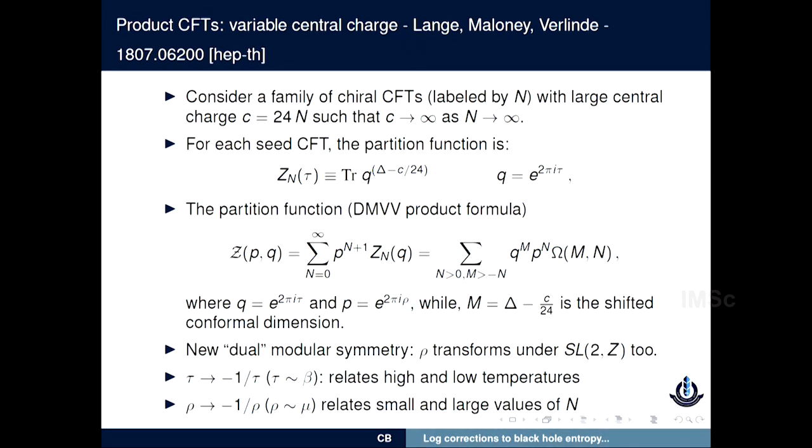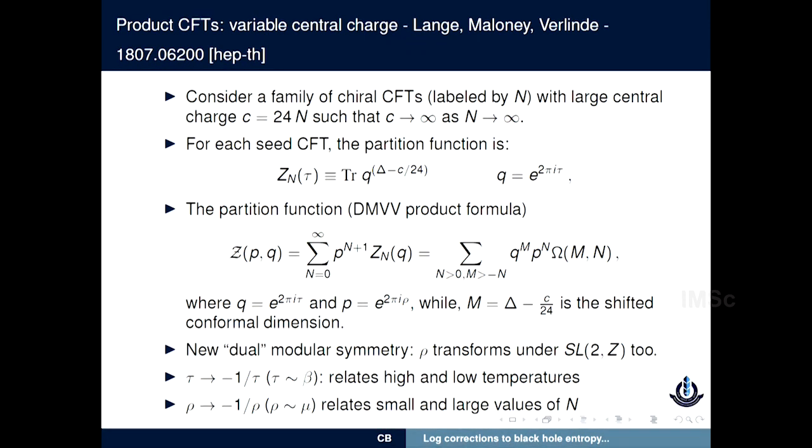Here, apart from q, you also get an additional p, where p is e to the power 2 pi i rho. So rho is like a second modular parameter apart from tau, and rho takes care of the change in the number of CFTs. It's like a chemical potential, which takes care of the change in the number of CFTs.